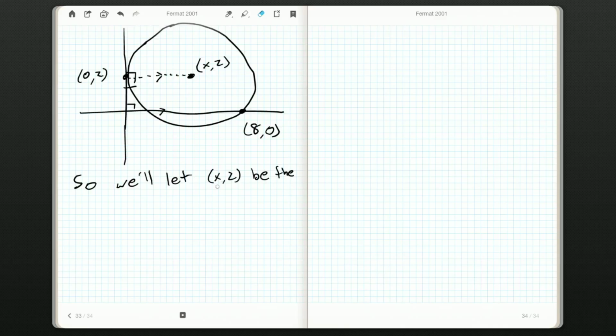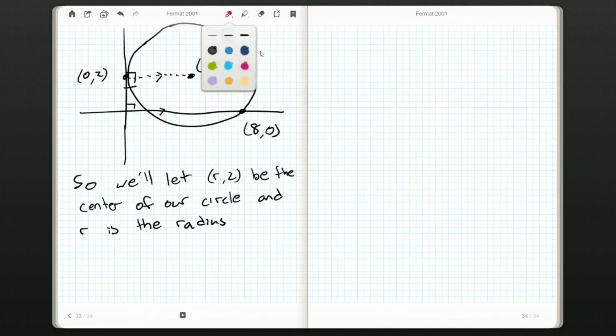We're going to call it r, because it happens to also be the radius. Because we move from 0 over to r, that's the total distance we've gone here. So we're going to say we have a radius of r.